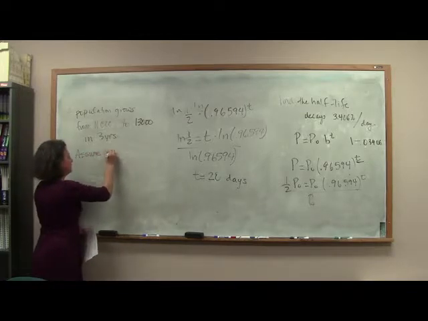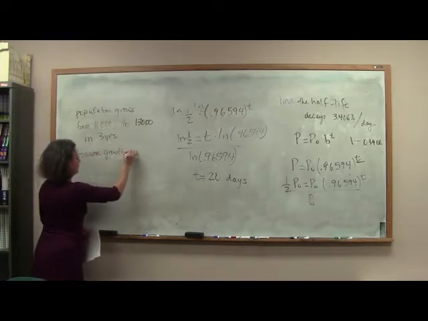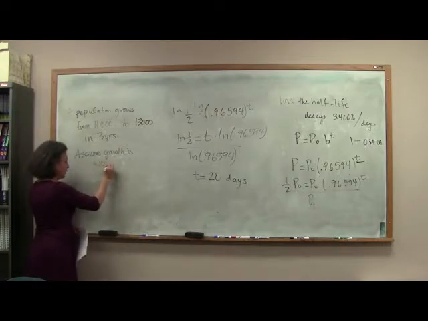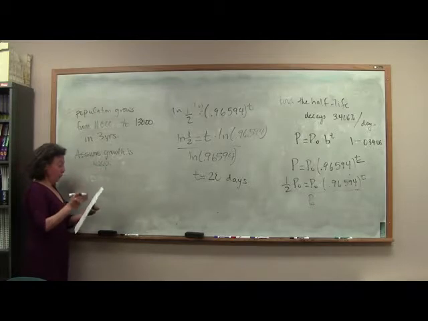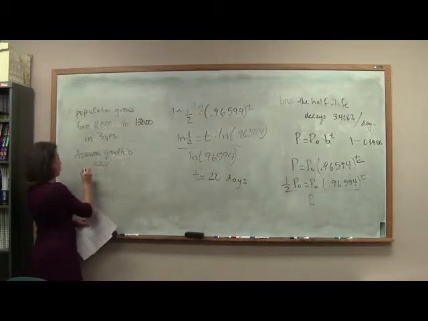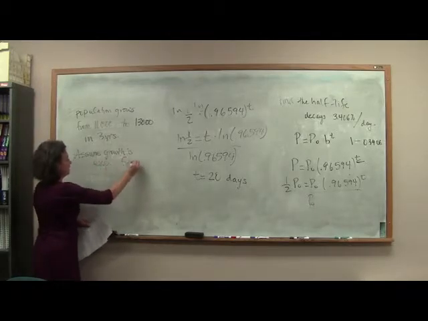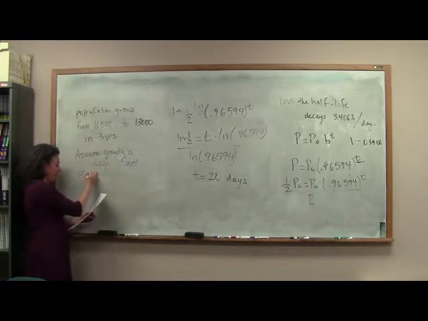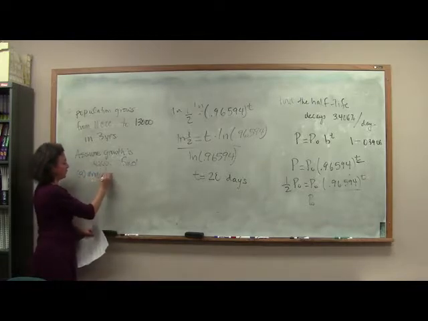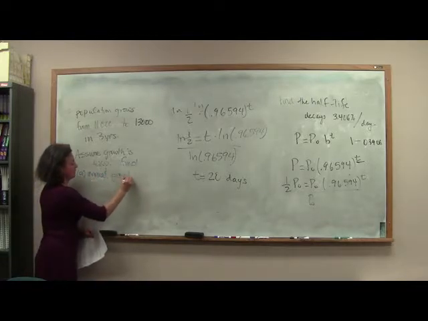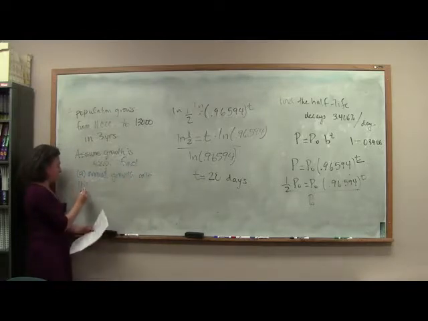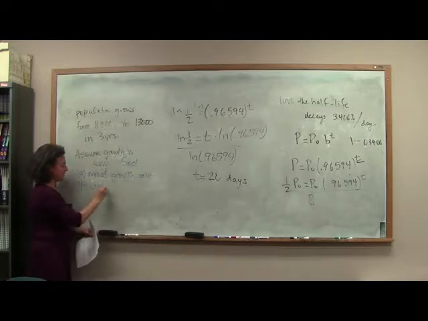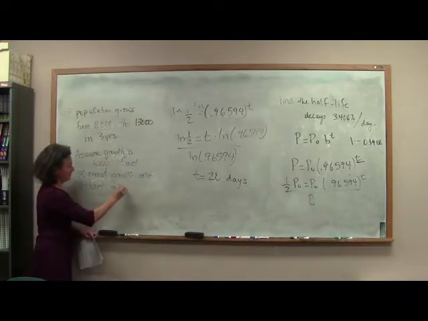We're going to assume the growth is exponential, and what we want to do is find, in part A, the annual growth rate, and in part B, the continuous growth rate.